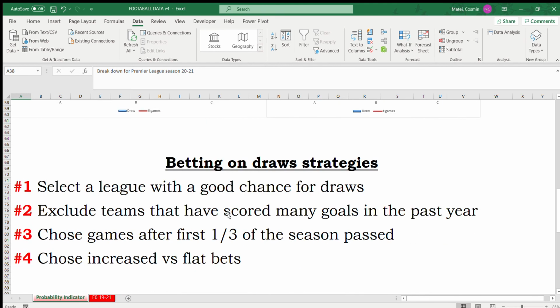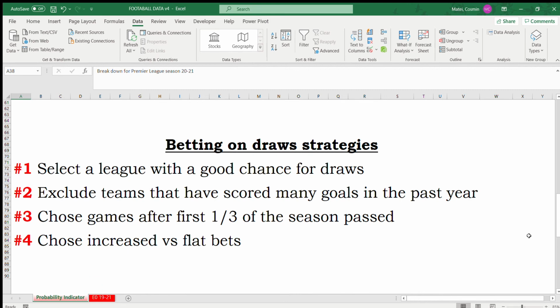Here is a summary of the betting strategies around draws presented so far. We have the first strategy with selecting what could be a good league with a good chance for having draws. And we've seen in the previous video, I will add the link in the description as well, if you're following a good league, that might increase your chances of having a draw.